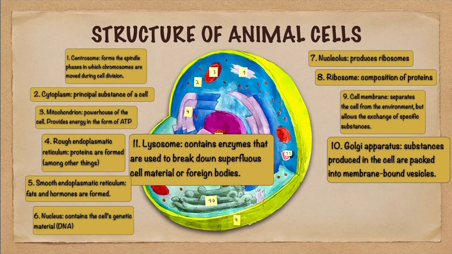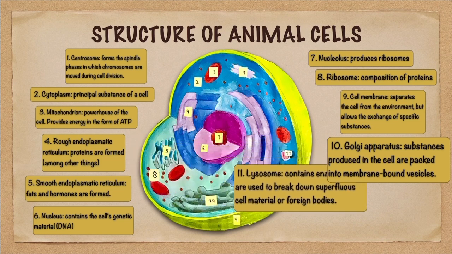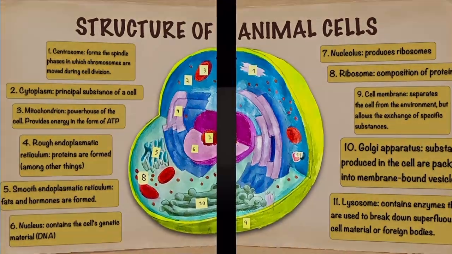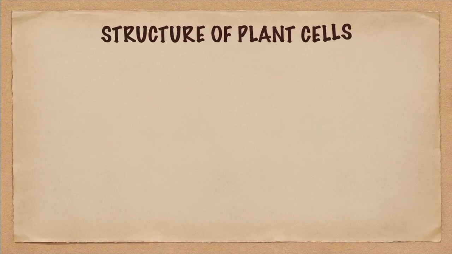Now the lysosome. It contains enzymes that are used to break down superfluous cell material or foreign bodies, if they can get in. Many parts, right? There are also many other parts, but those are so small that they are a bit insignificant next to those other parts.